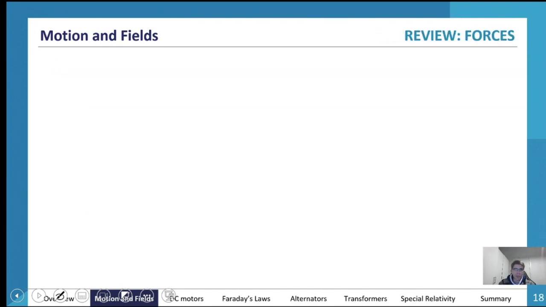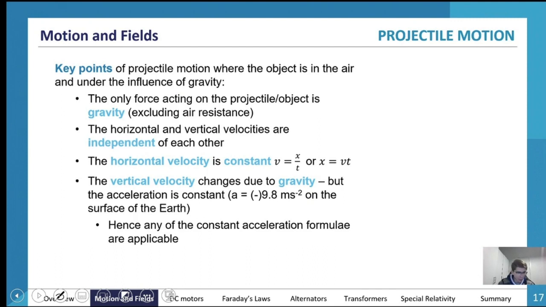I have to mention that there are three types of projectile motion which are very common on the VCAA exam.